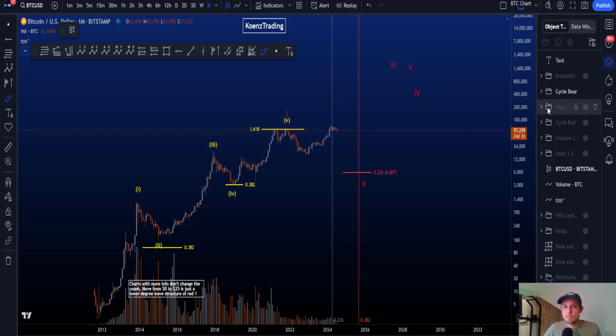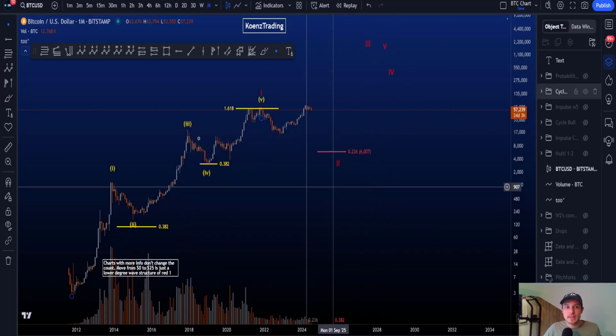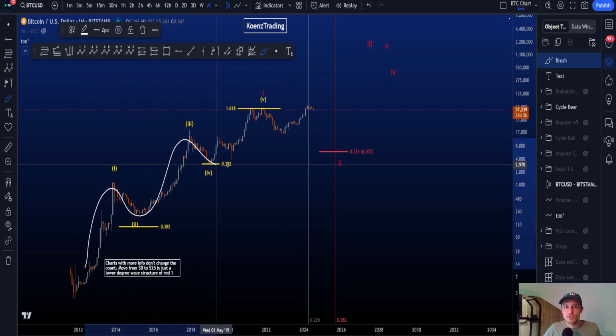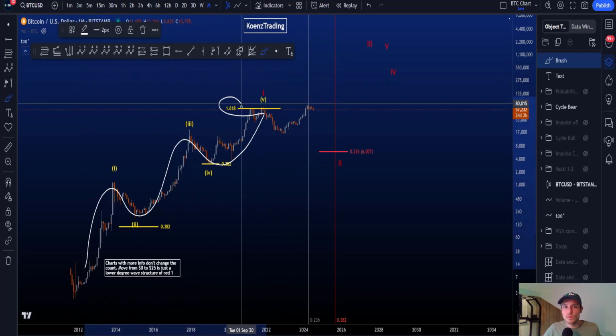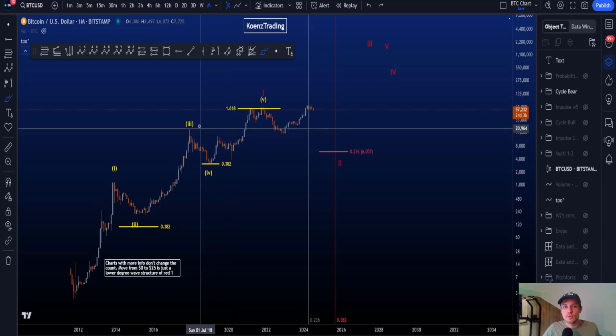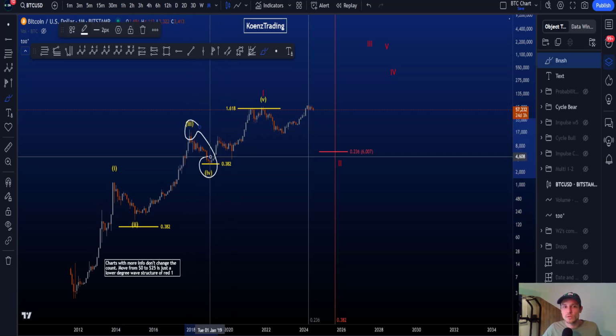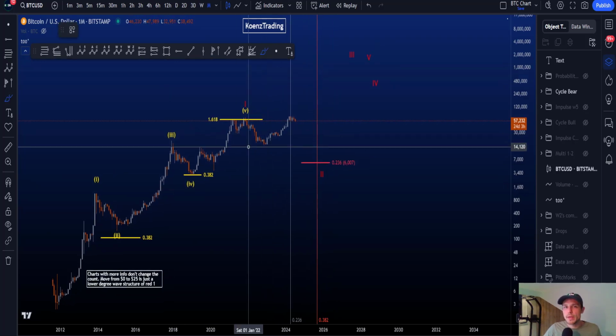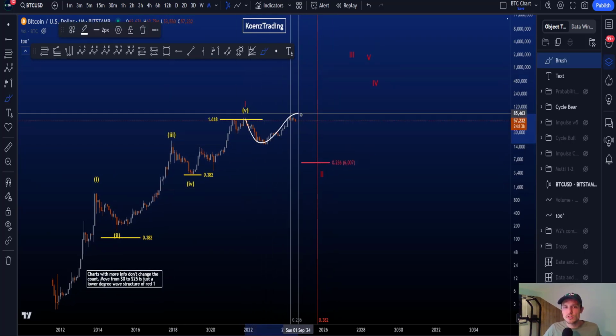Now, the most bearish scenario is that we have a finished impulse to the upside, a 1, 2, 3, 4, 5 wave structure. The 1.618 is a common target for wave 5, taken from the high to the low of 4 with the normal Fibonacci tool. And then you're looking for a bigger bear market, a 3-wave structure ABC.